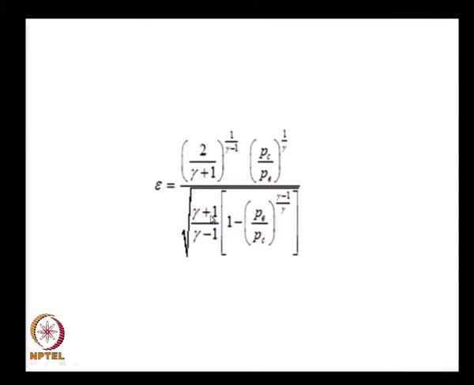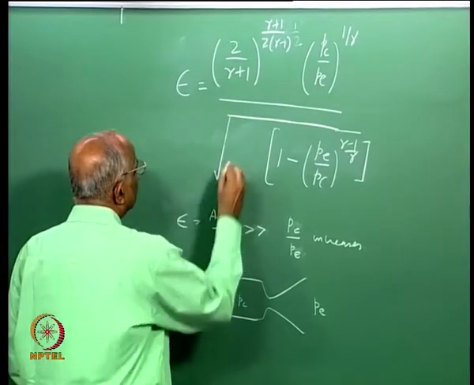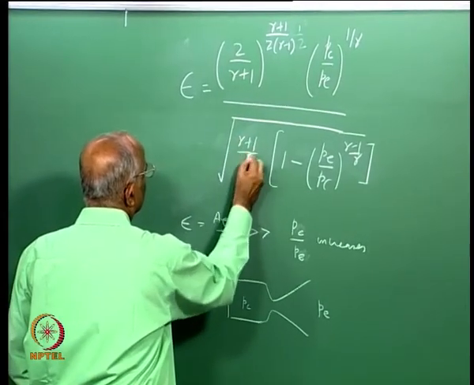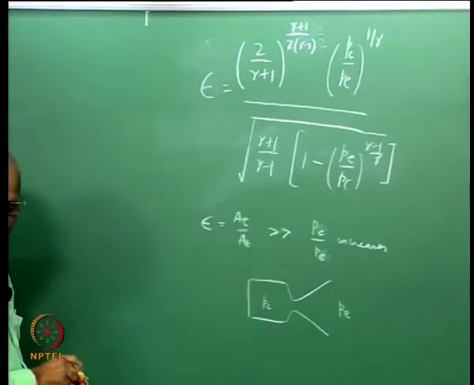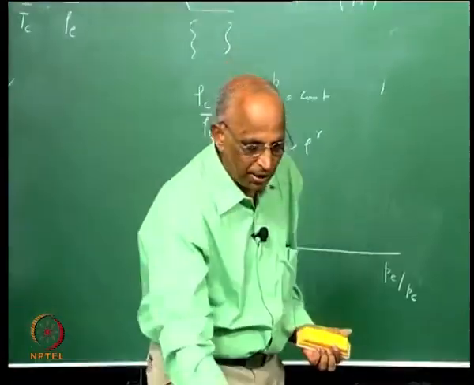We should have had gamma, yeah, I think we have swallowed 1 over gamma plus 1 somewhere. We should have got the expression as gamma plus 1 into 1 minus PE by PC.